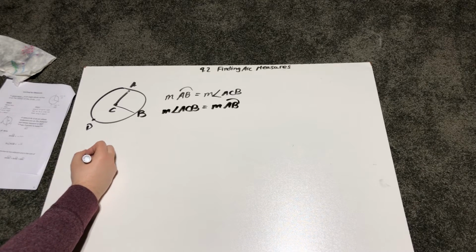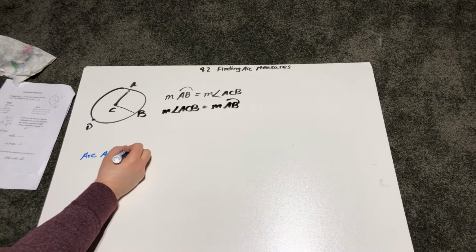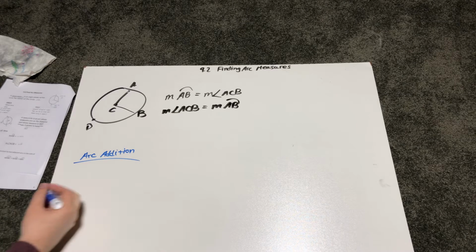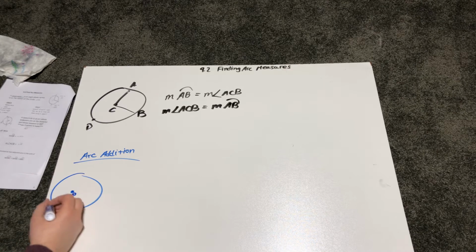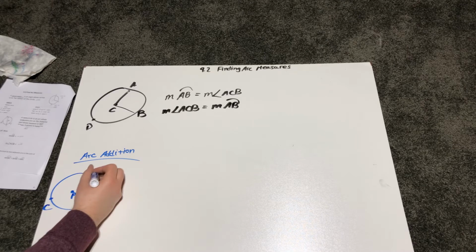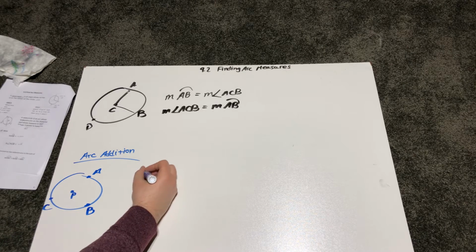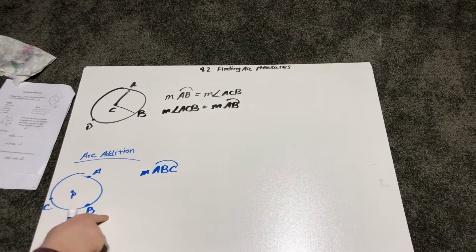For arc addition, the measure of an arc formed by 2 adjacent arcs is the sum of the 2 arcs. So if I've got a circle right here, circle P, we've got C, we've got A, and we've got B. So the measure of arc ABC, this right here, we can split that up.